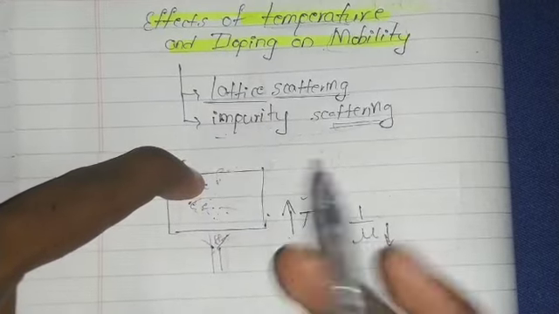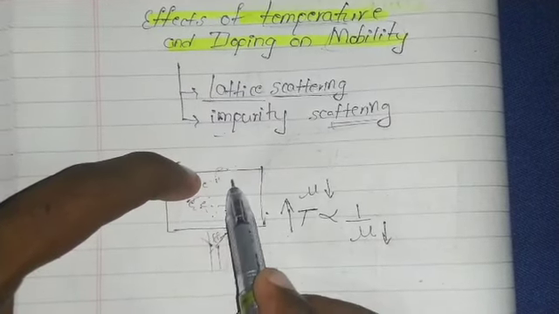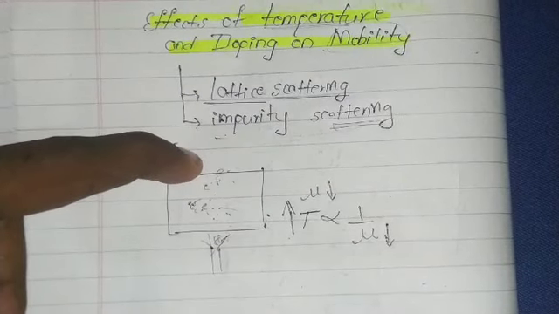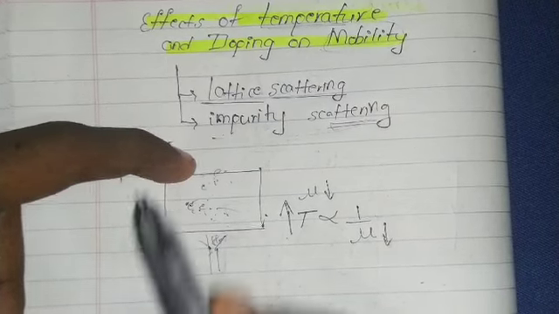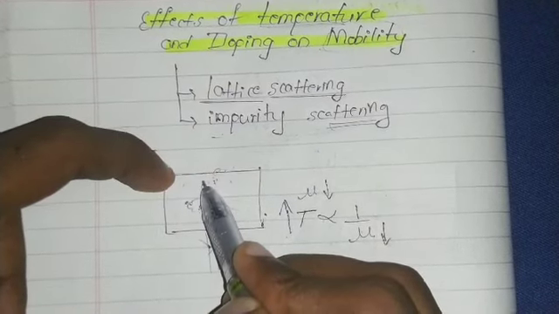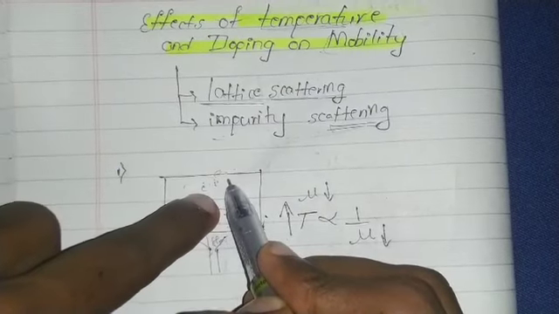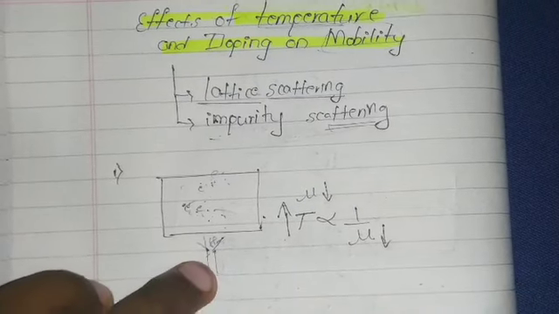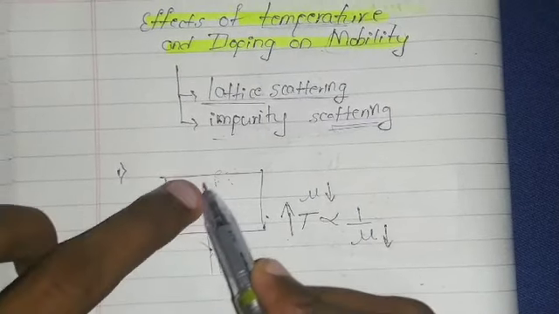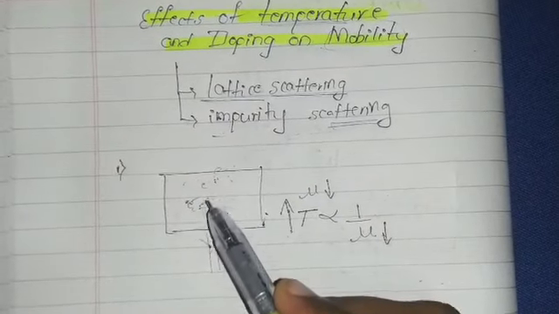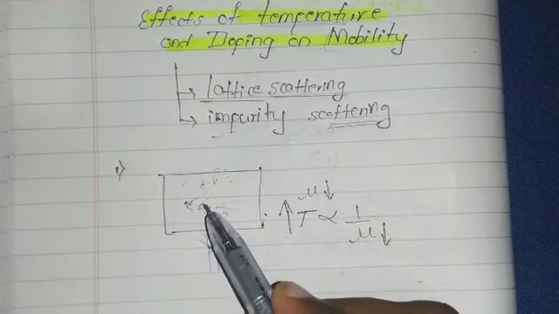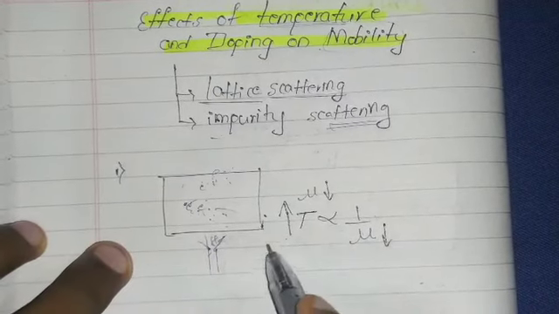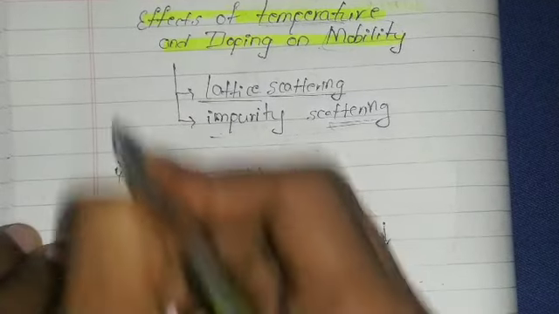Here the more thermal motion is there, but here less, as it's somewhat cold when compared to here. So it's a slow movement. Slow movement means its interaction with the charged ions is more. That means a strong interaction between these slow moving electrons and the charged ions. So in this case, it is the impurity scattering, okay?